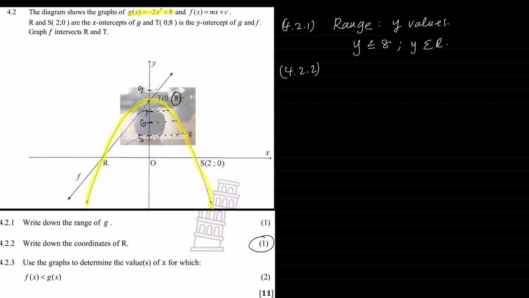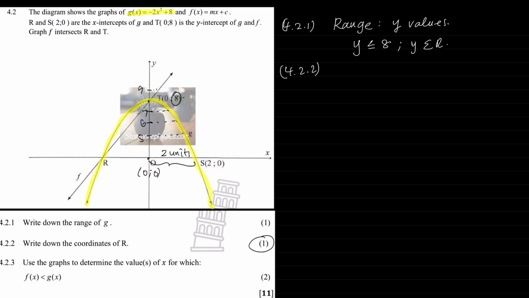Now a parabola is a symmetrical function. And what I mean by that is, we know that this is our origin, meaning an origin has coordinates 0, 0. Now, if we look at the distance between the origin and S, the x value changes from 0 to 2, which means that this distance is 2 units.